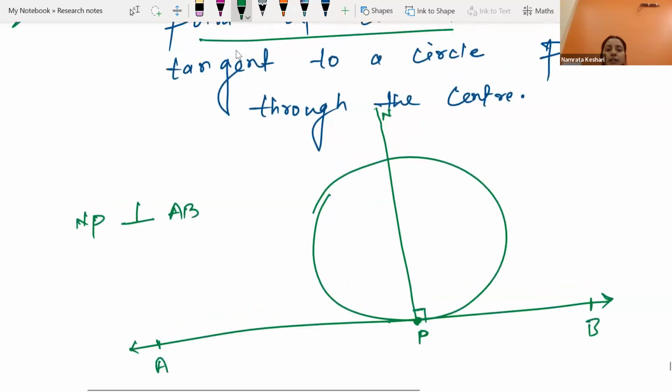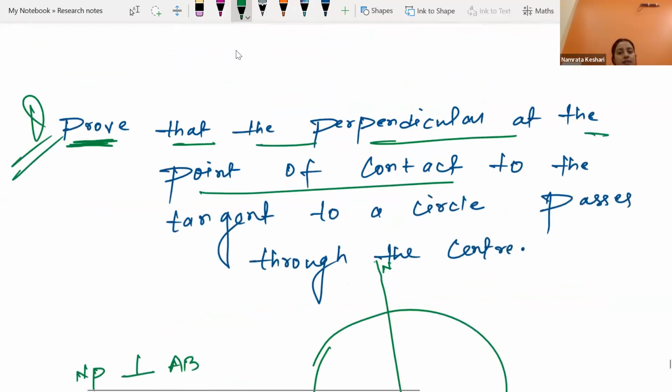What the next part says is that the perpendicular at the point of contact to the tangent passes through the center. We have to show that this perpendicular which we have dropped is passing through the center.